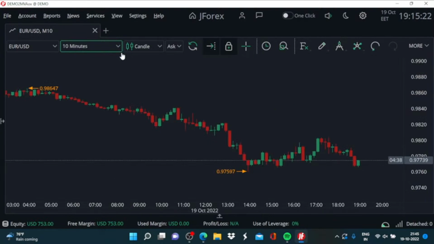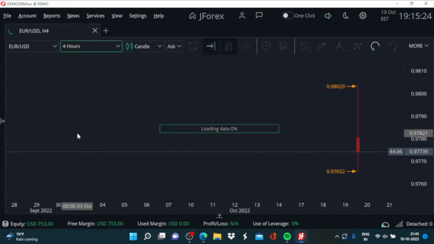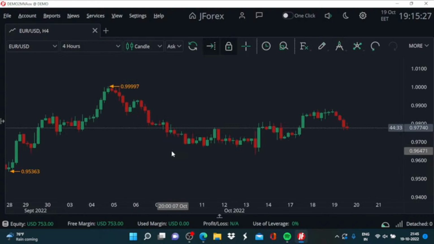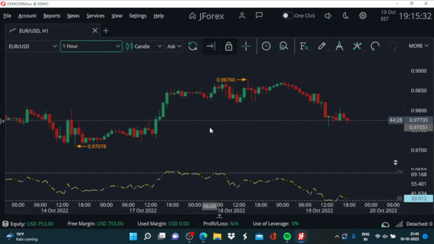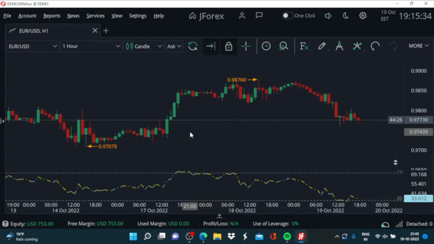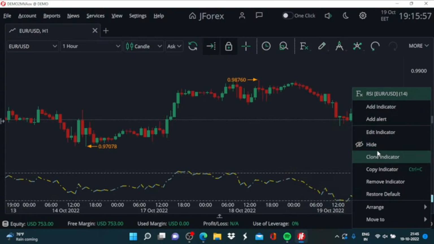But suppose I change it to 10 minutes or, for that matter, 4 hours or any other candle period apart from 5 minutes and hourly, we won't have this RSI plotted for us. So for different time frames, you can go for different indicators. This option is really handy when you want to utilize multiple indicators on different time frames to understand what is actually going on, collect all those data points and then make an informed trading decision. So that's how this setup works.